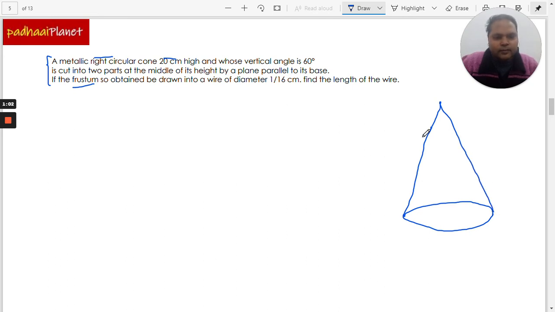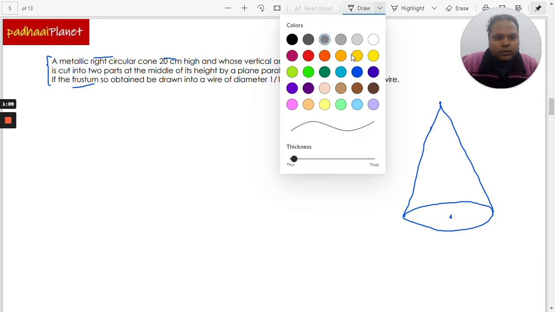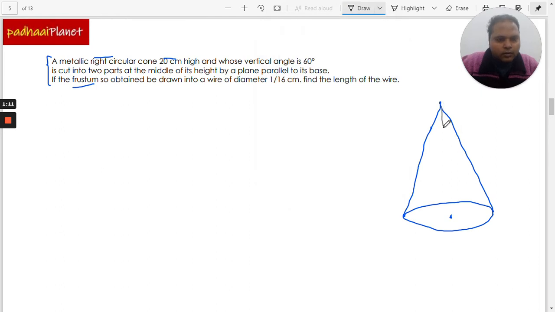So that's the base. Now that's the center of the cone. So this is the vertical height of the cone, right? And this is the radius.